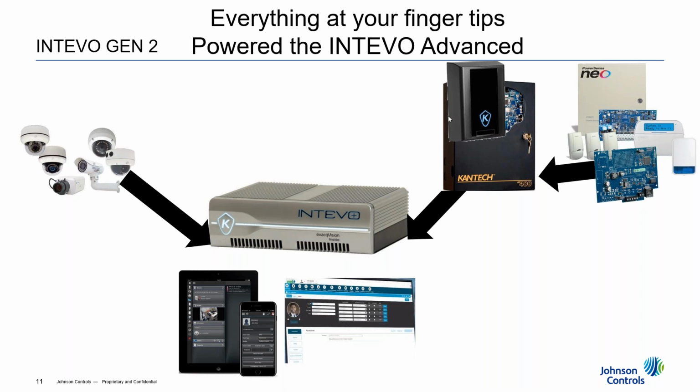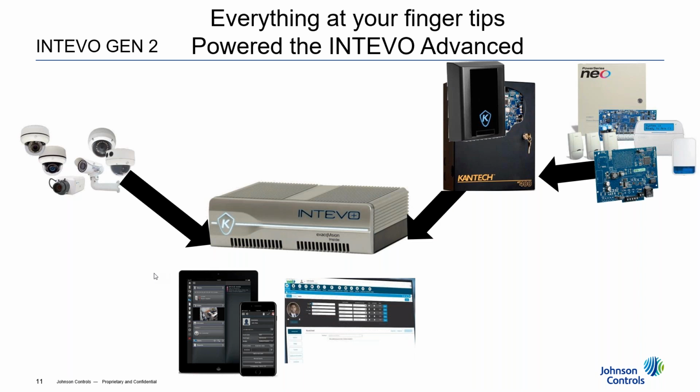Yeah. Also, you don't need to use an access controller. I can take a DSC Neo over IP and attach it to my INTEVO directly or over IP. One of the benefits of that is now the integration goes into the INTEVO and into the Exact Vision client software.